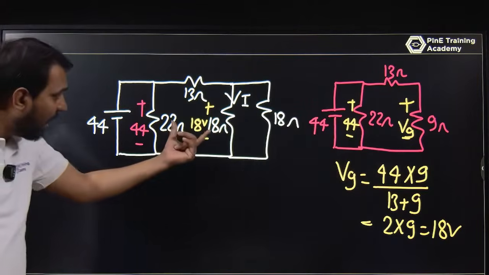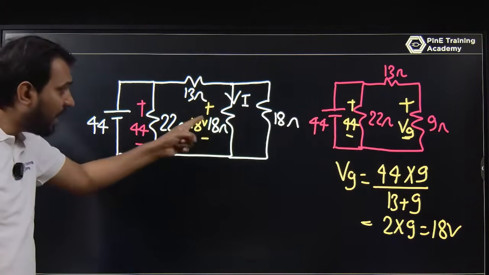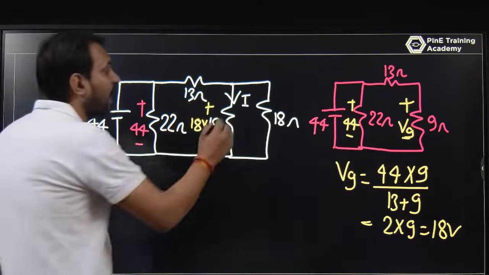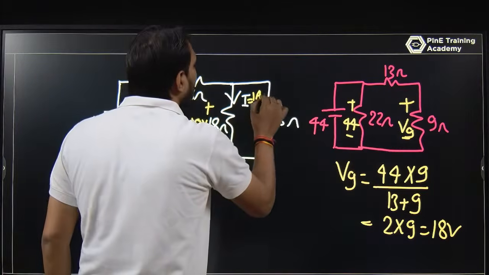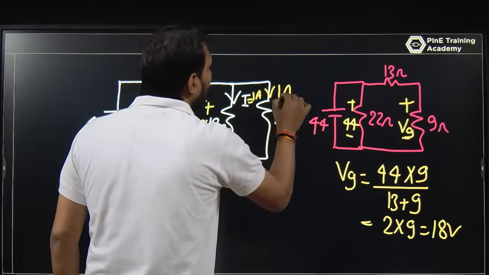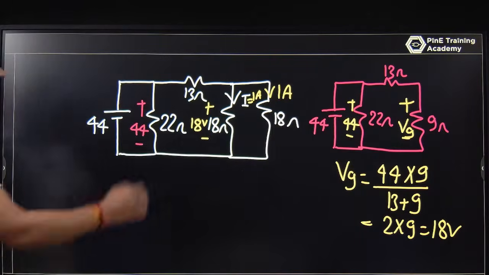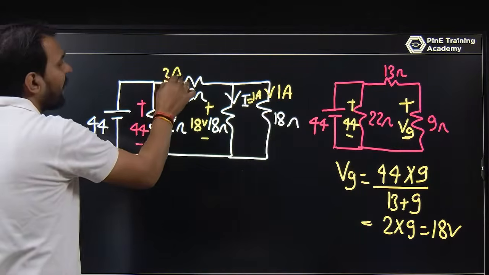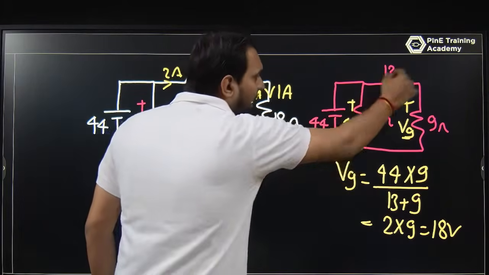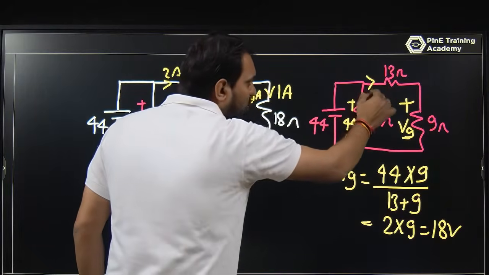So if you have 18 volt, what is the current? 18 upon 18, that is, the current is 1 ampere there. So this is also 1 ampere, this is also 1 ampere. So of course the total current is 2 ampere. Just check it: 44 upon 22, the current is 2 ampere.